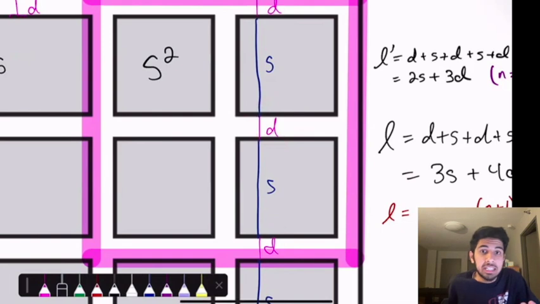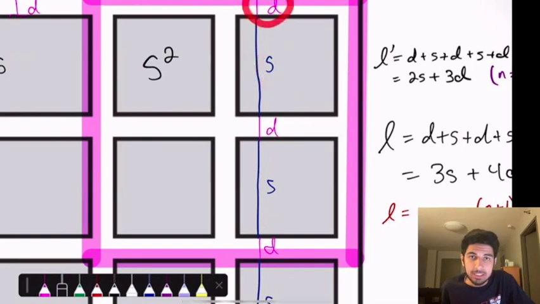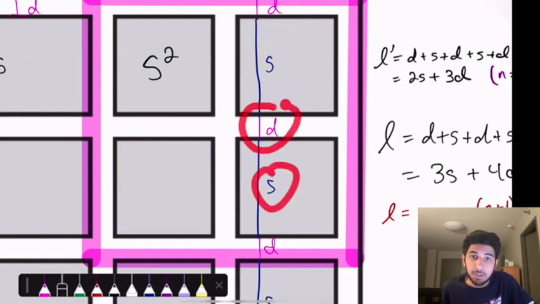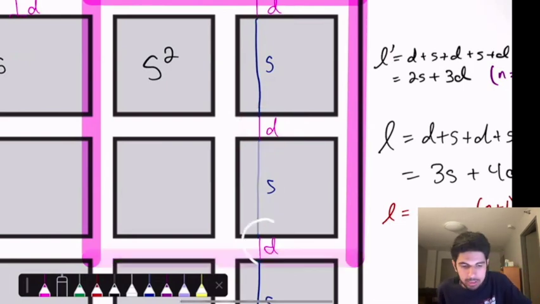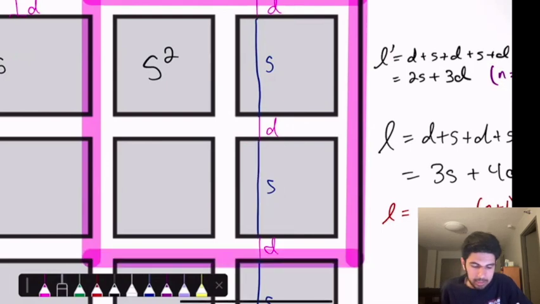So what if we just say there's a border above each square? For this top square, the border is the one right above it. For this bottom square, there's a border right above it. So each square has a corresponding border right above it, but then we need one more at the very bottom to account for the bottom border that we didn't count.